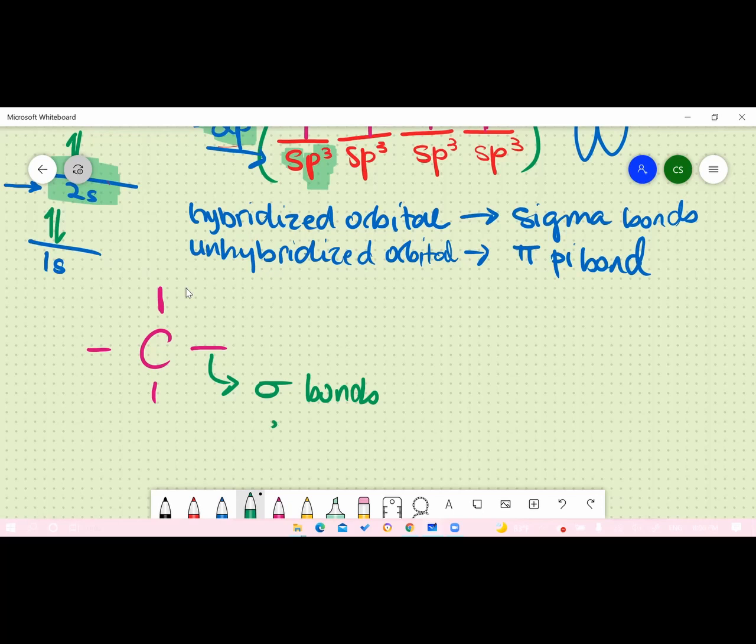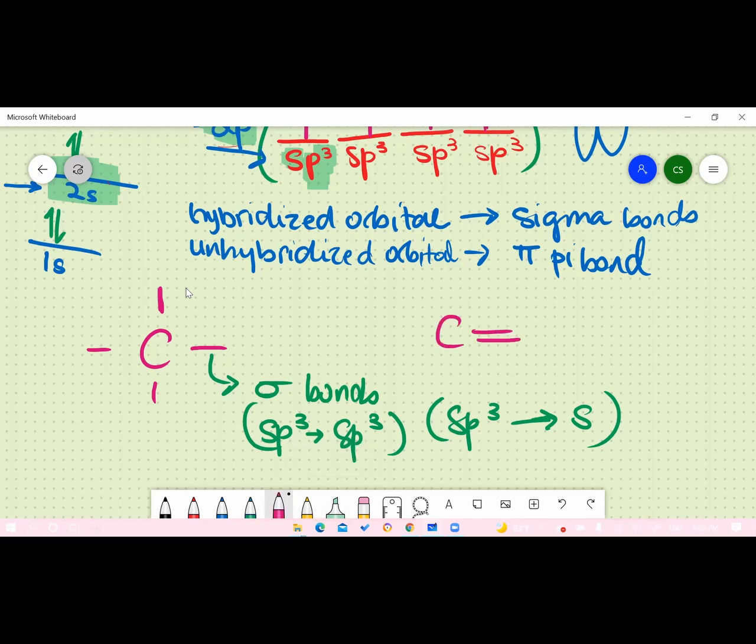They are sp3 orbitals, either overlapping with, say, the s orbital of a hydrogen or the sp3 orbital of another carbon atom, right?